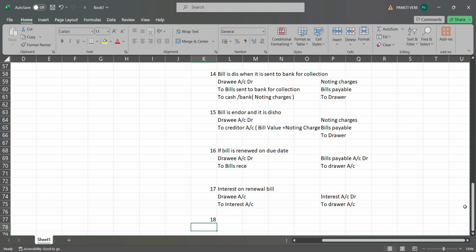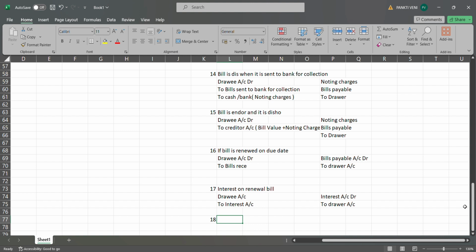Then we have if bill is renewed on due date for part payment. So what I'm doing is I'll visit the shopkeeper and tell him that I'm supposed to pay 1000 rupees. I can pay 700 right now, part payment. For the balance 300, you draw one bill and give it to me.